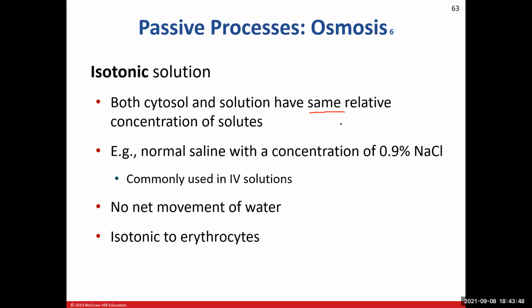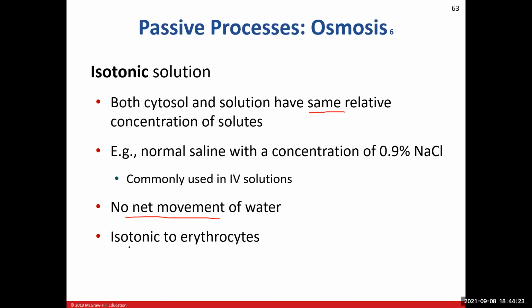That means if there's no difference or greater concentration of solutes in one area or the other, water's not going to move, because the concentration of water is the same. So if the solute concentration is the same both inside the cell and outside the cell, because what did we say? Water always wants to go towards the area of greater solute concentration. Well, if it's the same, it's not going to go anywhere. So there is no movement of water.